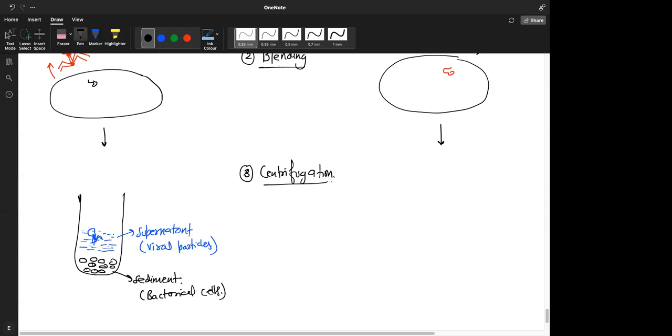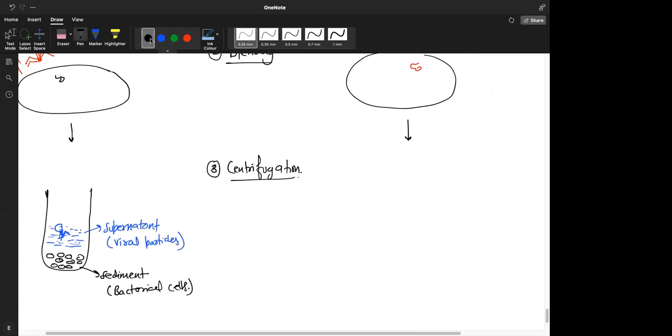Everyone understands? Same thing will be happening on this side as well. There will be sediments, the bacterial cells, and you will have a supernatant.